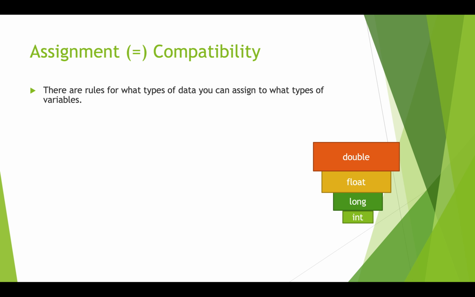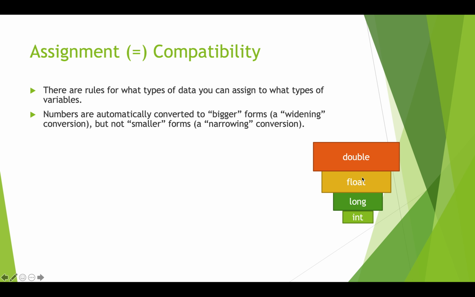So you also want to pay attention to this in terms of the assignment and what's compatible, because you can move from the smaller sizes to the bigger sizes. Numbers of these smaller sizes will automatically get converted into bigger versions and stored in these variables if they are of these types.